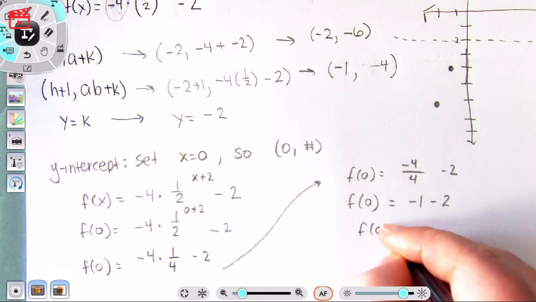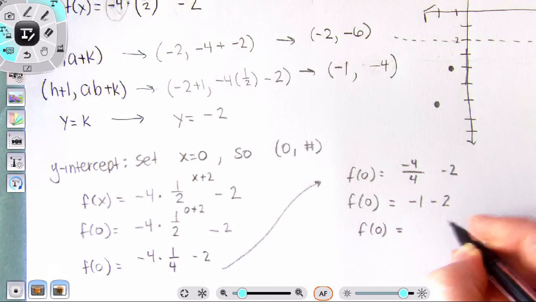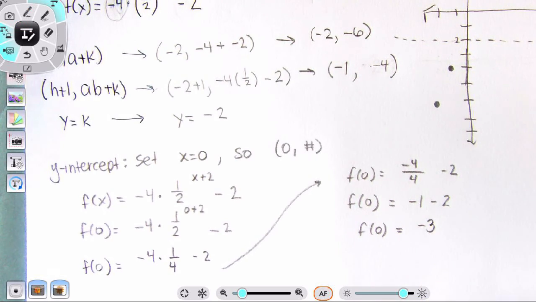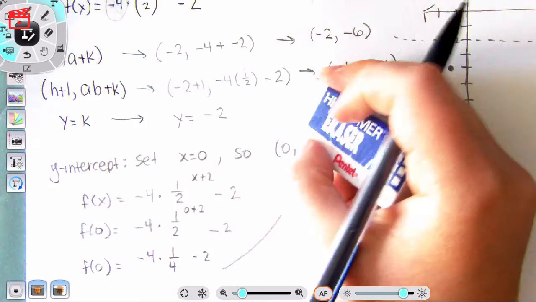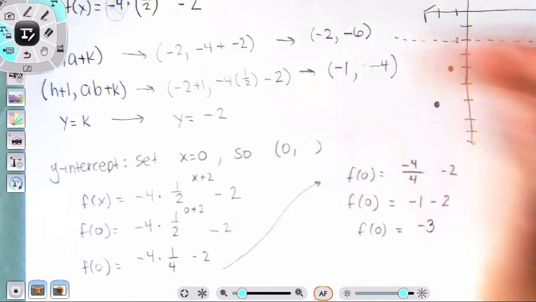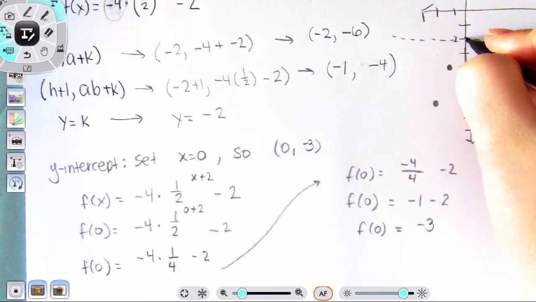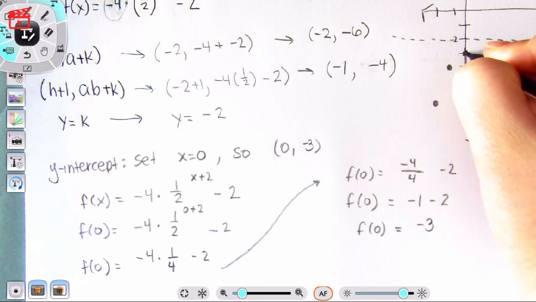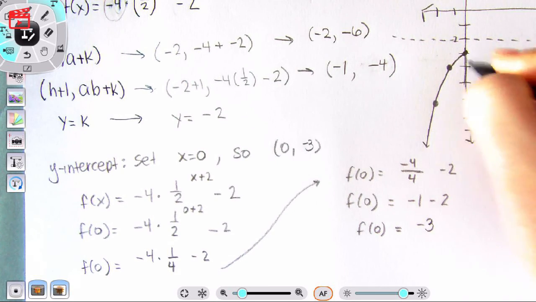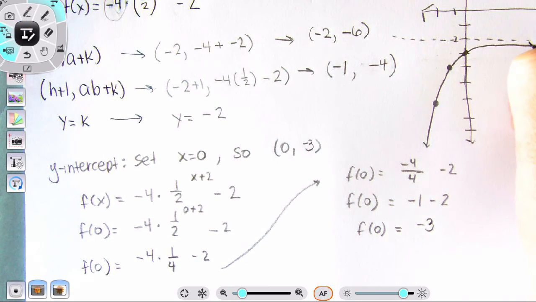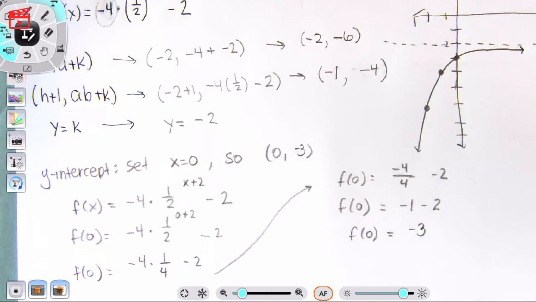So f of 0 is equal to -3. So then I'm going to come back up here. My number is now -3. So this is -2, -3. I'm going to connect, try to be as smooth as possible. And there you have it.